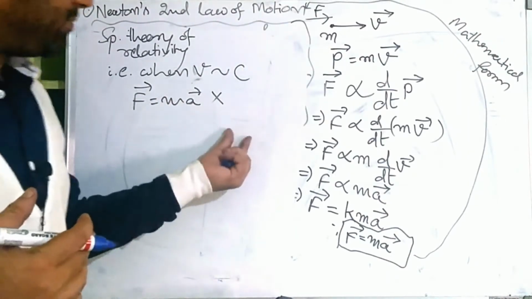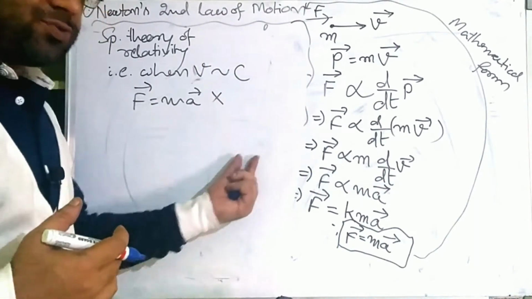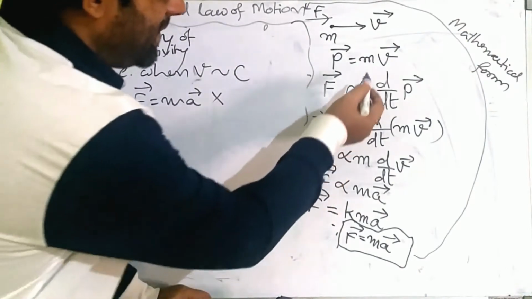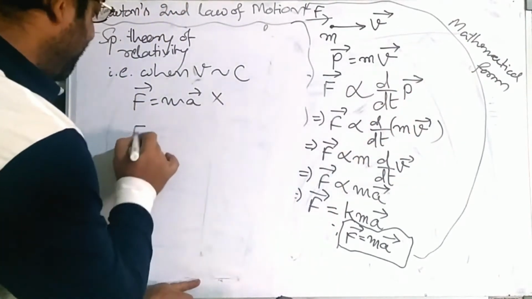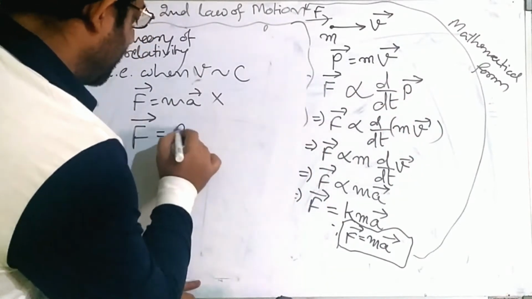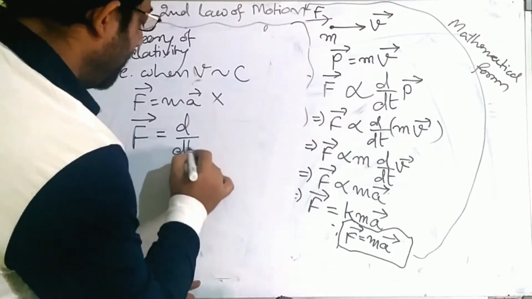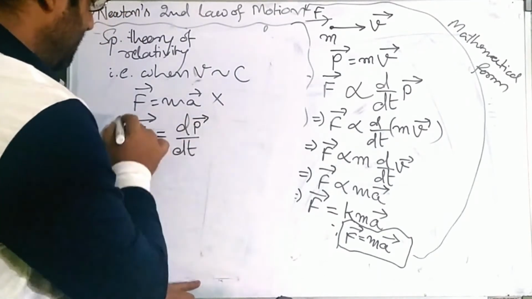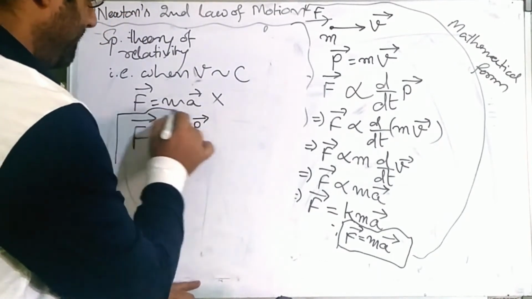Mass is equal to m naught divided by root under 1 minus v square upon c square, as we just learned. But this definition, F is equal to d by dt of p, the rate of change of momentum, will always hold good.